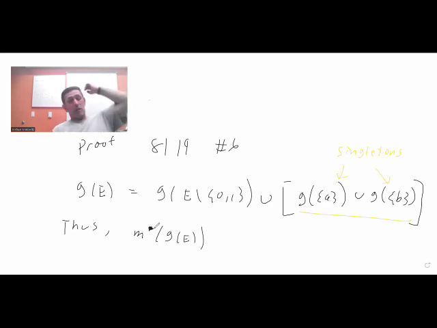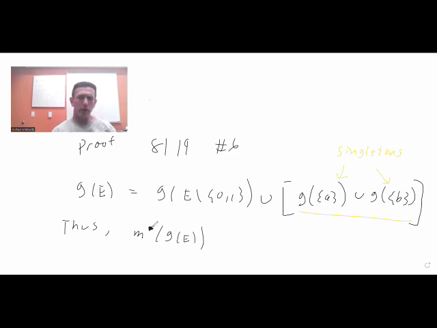Yeah, as I mentioned, we don't really even know if this is measurable right now. I mean, it's true, but as I mentioned, one of the ways to prove that a function maps measurable sets to measurable sets is to prove that it maps sets of measure zero to sets of measure zero, which is what we're trying to prove.